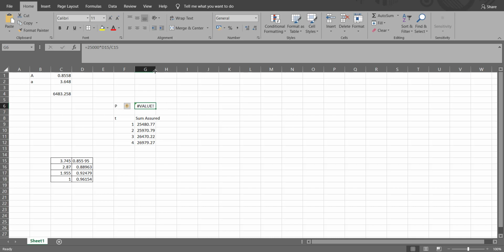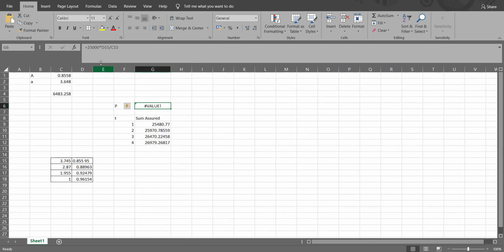So I mean, why is this not working out? Yeah, the only problem is there's a space here, so this space needs to go. Yeah, so you have your premium here.